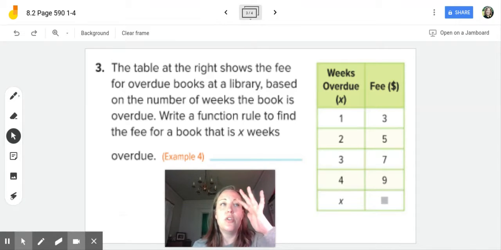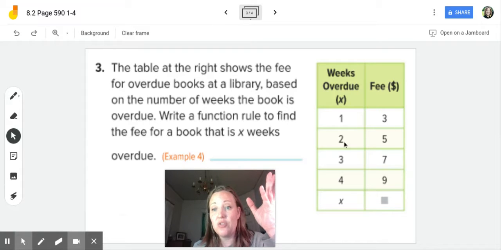But in order to write a function, we have to take this number here into consideration. So we have to say we do something with the number of weeks to get this. You're like, Mrs. Golding, we're not even using that, right? We're just saying plus 2, plus 2, plus 2. It's not that simple.